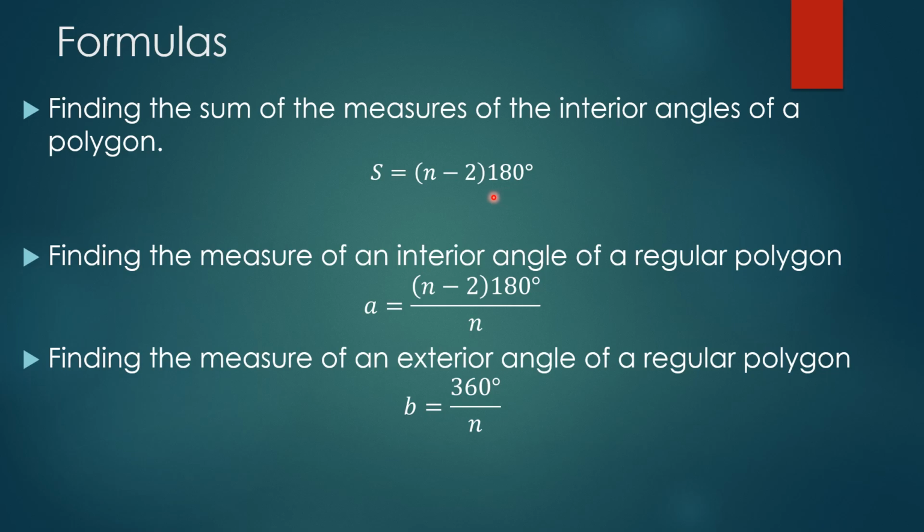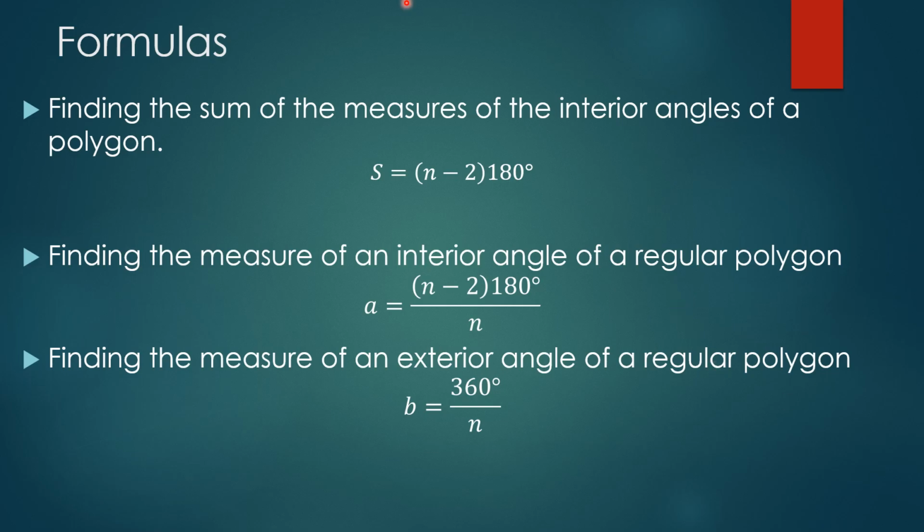But if we were to increase it to 4, we'd have n minus 2, which is 2, and then 2 times 180 degrees would be 360. What that means for us is that the sum of the interior angles of a quadrilateral, aka a four-sided polygon, would be 360 degrees.